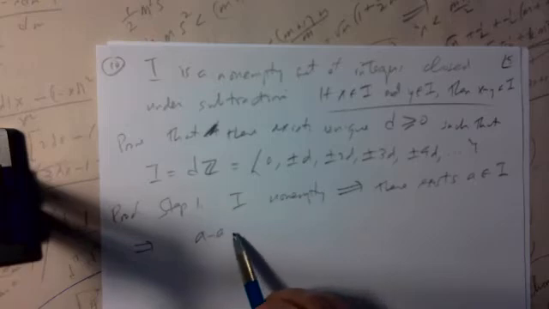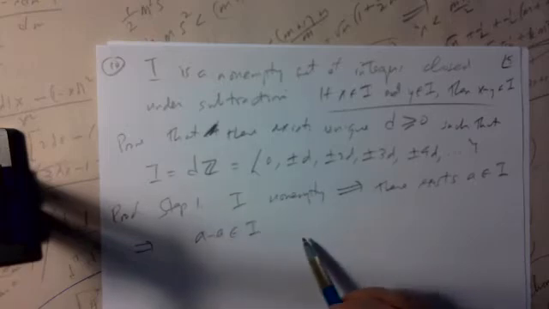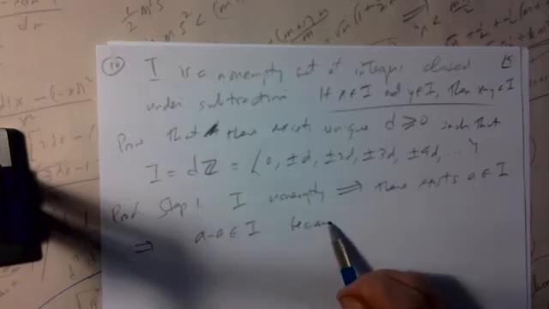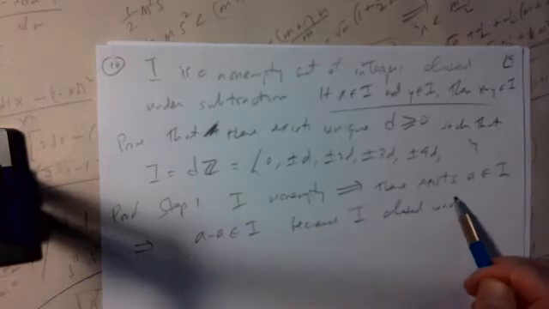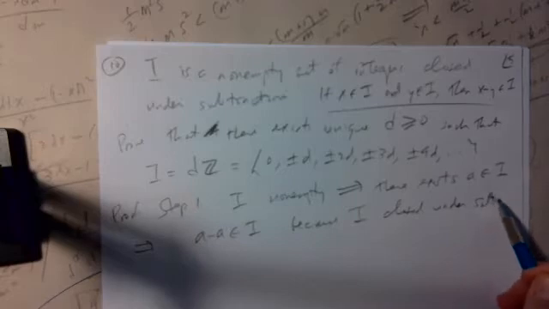So a minus a is in I, because I is closed under subtraction, and a minus a is 0. So therefore, I contains 0.